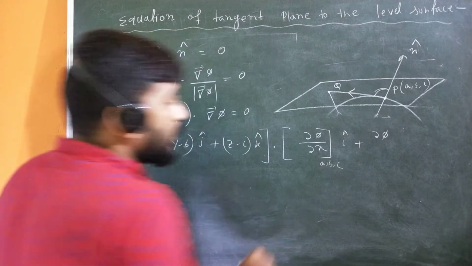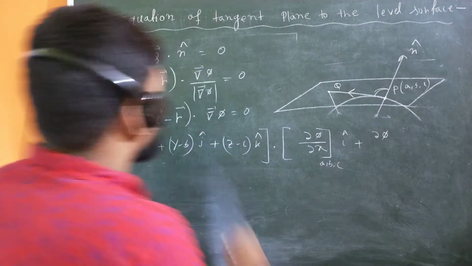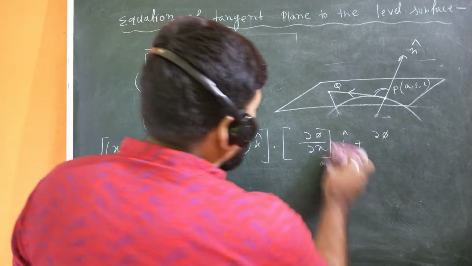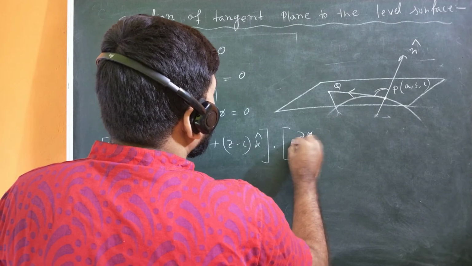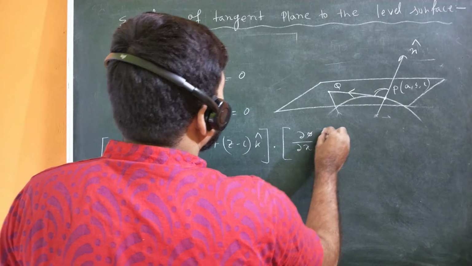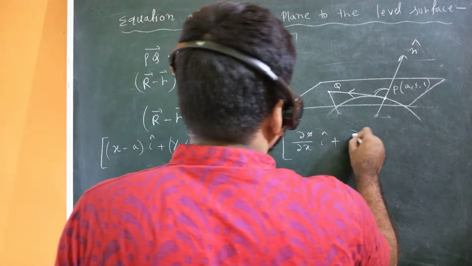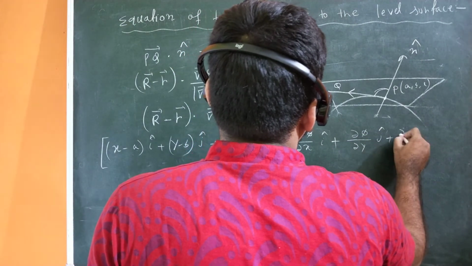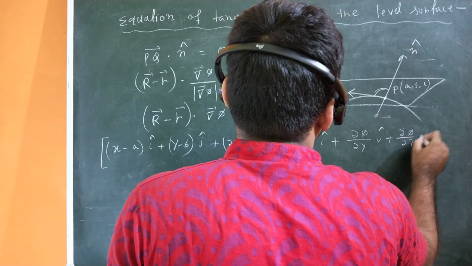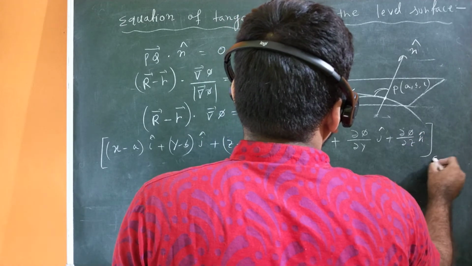We have to find grad phi at the point ABC. So let me write it finally: del phi del x i cap plus del phi del y j cap plus del phi del z k cap, and that you have to find at the point ABC.